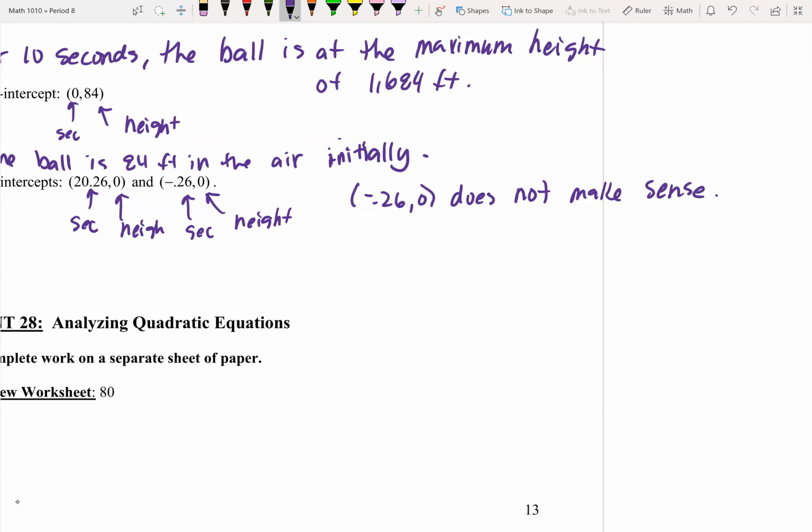And then I would say after 20.26 seconds, could you say the height is 0? Yes. It's awkward. What does the height of 0 mean? The ball hits the ground. Perfect.